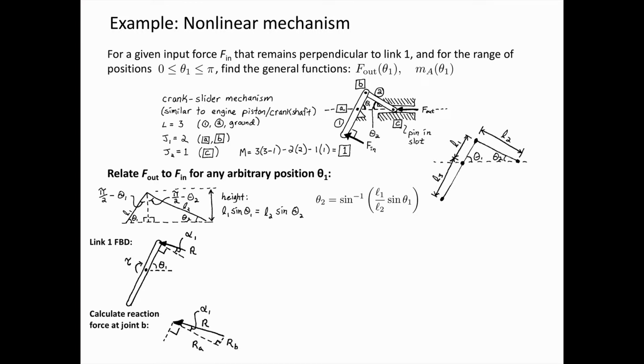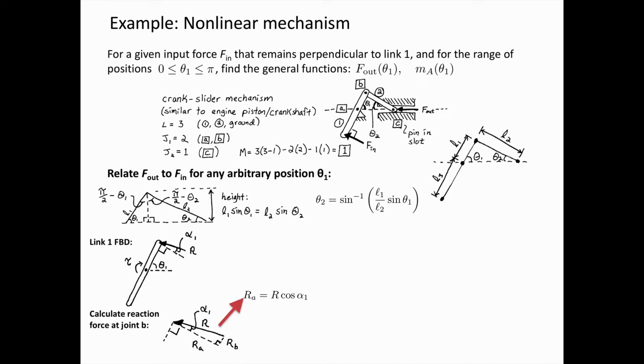We want to calculate the reaction force at joint B. We can resolve it into two different components. I'm going to call those RA and RB, where RA is perpendicular to link 1 and RB is parallel to link 1. I'm going to define the angle formed by RA and RB as alpha 1.